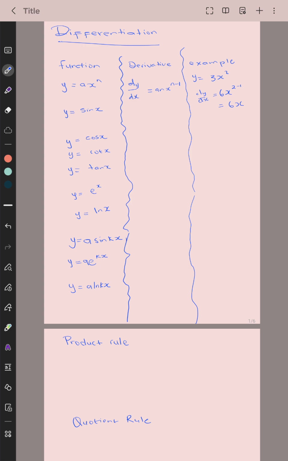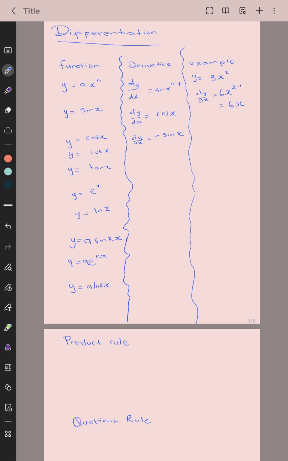All right, now looking at y equals sin x, what's the derivative? dy/dx of sin x is simply cos x. There's no example for that. The same way, y equals cos x, dy/dx will be negative sin x.